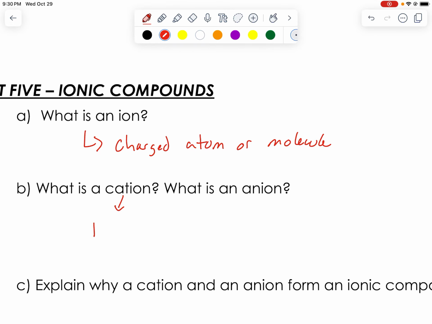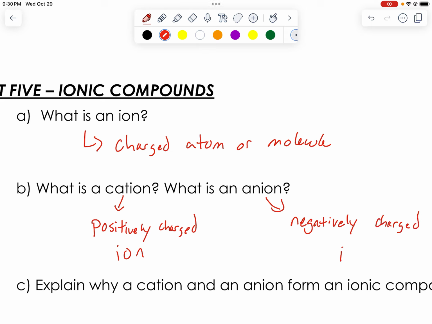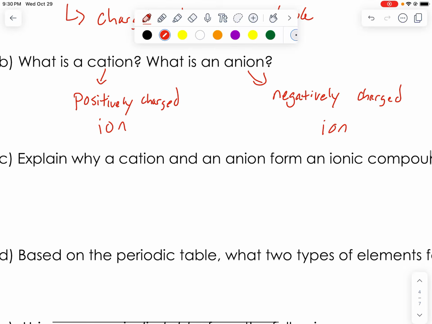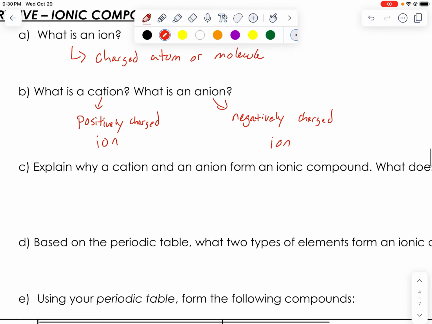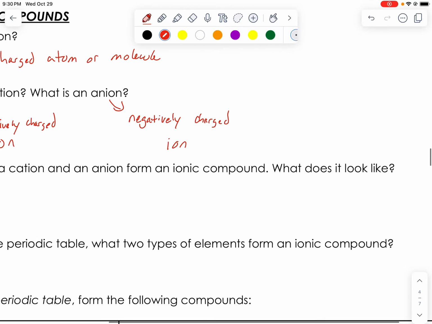It is a positively charged ion. And then, you guessed it, an anion is a negatively charged ion. All right, so C says, explain why a cation and an anion form an ionic compound.